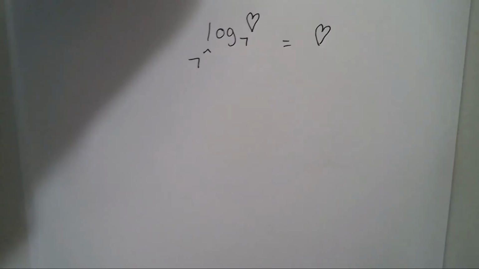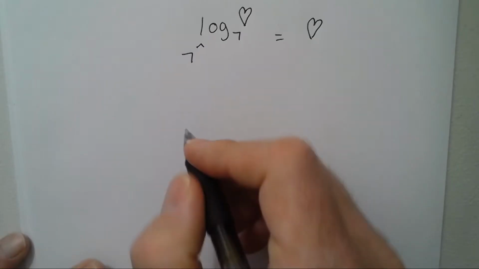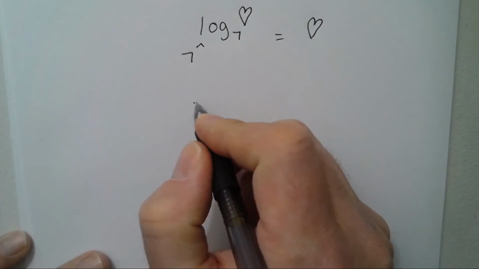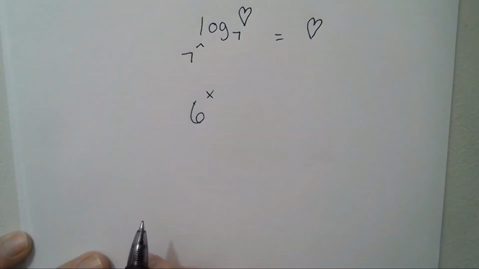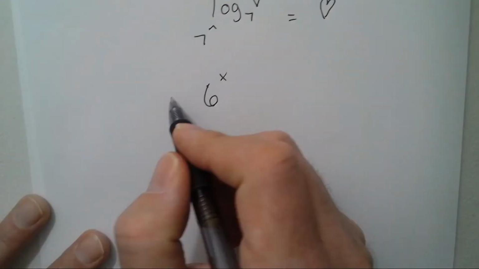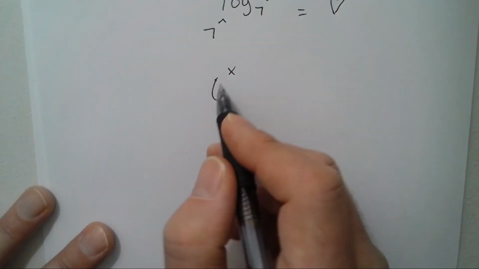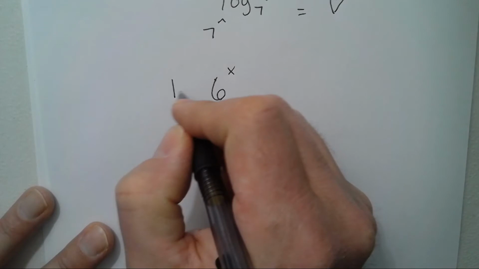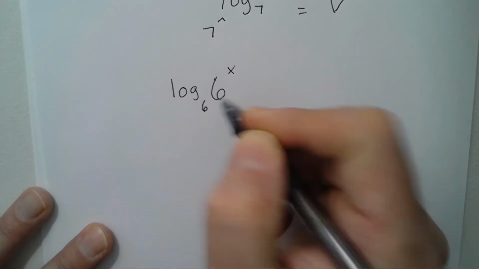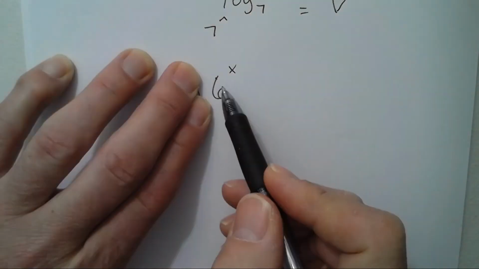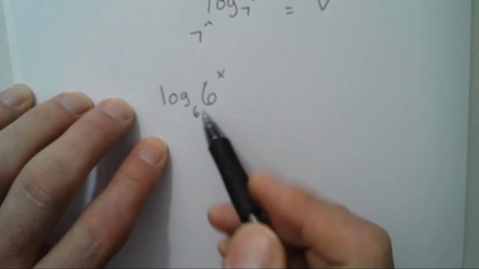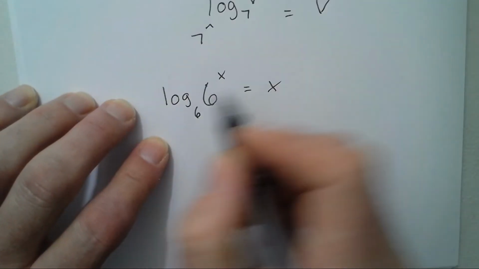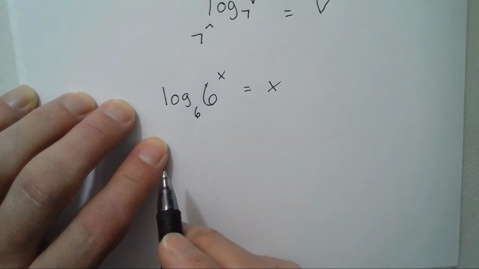So if I have 6 to the x, if I want to undo the 6, you can do the log of 6 base 6. The opposite of 6 to the power is log base 6, and that would just be x. This undoes the 6, so you're just left with x.